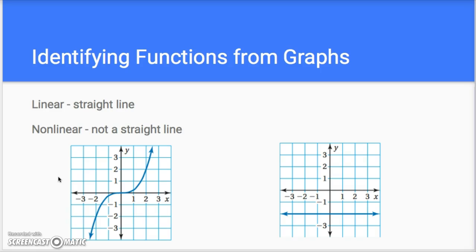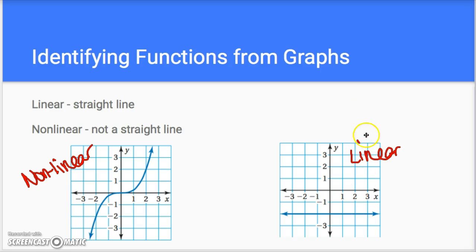So on this first graph, looking to see if it's a straight line or not, it's curved. So this first one would be nonlinear. And then the second one, we have just a straight horizontal line, so that would be linear.